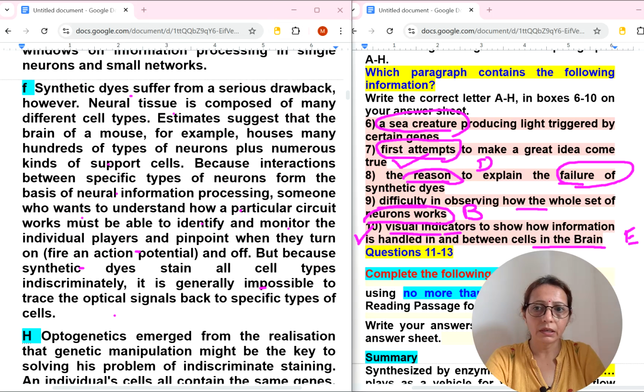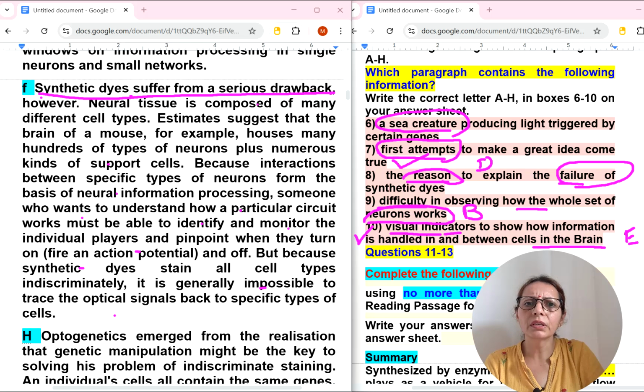So F paragraph I have shifted now. So what we have left? Sea creature we are looking. 7th is also gone, the reason to explain failure of synthetic dyes. And E, 10th also, 9th also. Only two we have left, 6th and 8th. Okay. And 10th also we can reconsider. Synthetic dyes suffer from various drawbacks.